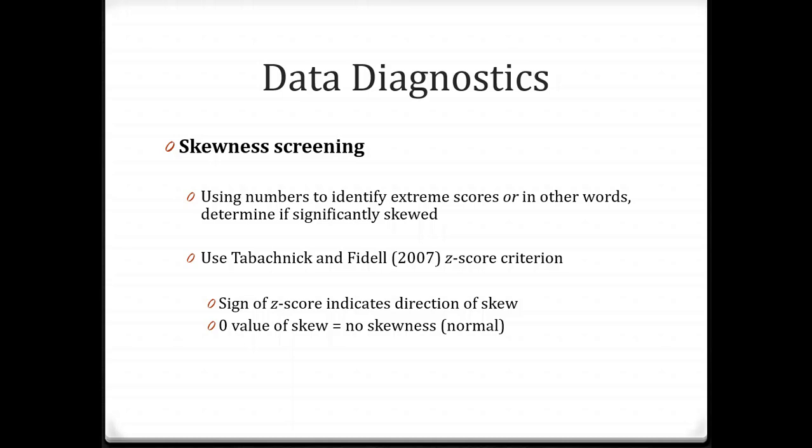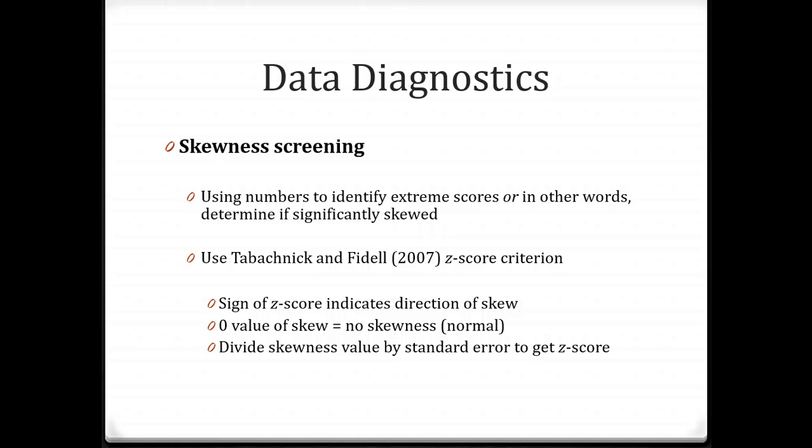Going back to what you hopefully recall from z-scores, when you standardize a distribution, that 0 represents the mean, and a z-score gives you the value in standard deviation units away from that mean. With the criterion we're going to use, we set a value such that if we compute a z-score higher than this value, we conclude that we have a significantly skewed distribution.